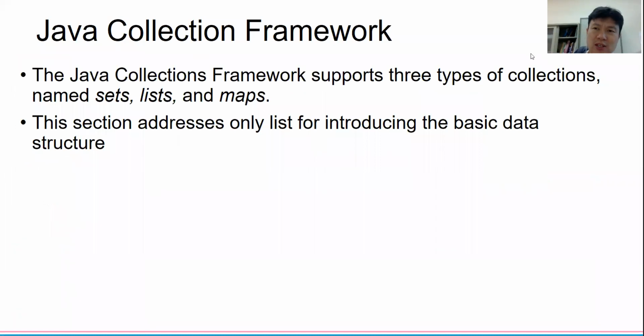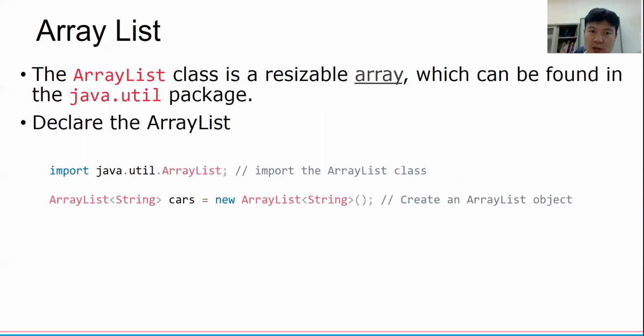So the array list is one of the Java collection framework. Among the framework we can use set, list, and maps. I do not want to discuss the detail of this array list, but it is one of the basic data structures. And I will just explain one example of how to use the array list.